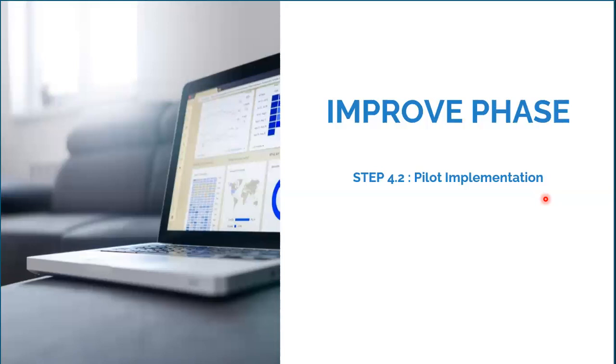Based on that, the team or participants have rated those solutions, and then we got the solution priority index, and we have selected those solutions with a higher solution priority index which we need to implement.